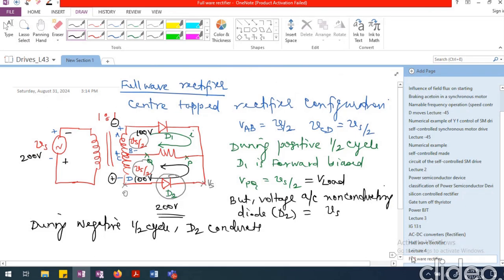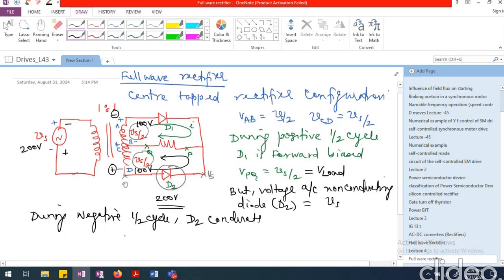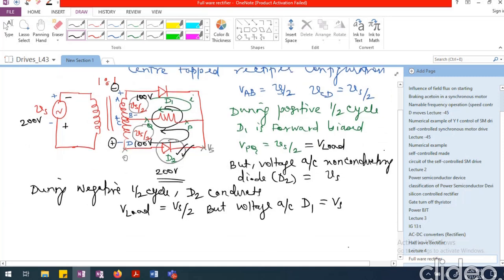Again, the load voltage is going to be Vs divided by 2, but the voltage across D1, by the same logic, is going to be the full Vs. So at any time when we look at the load voltage, only one device is conducting, either D1 or D2.